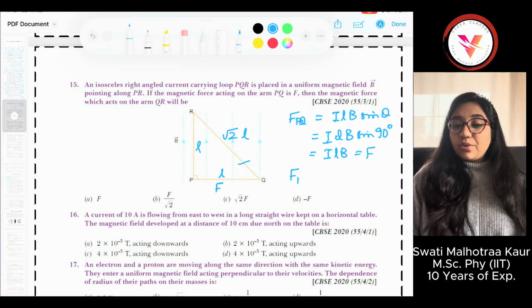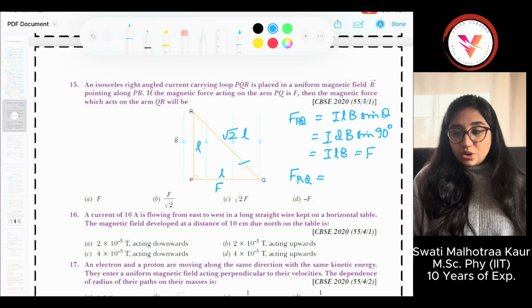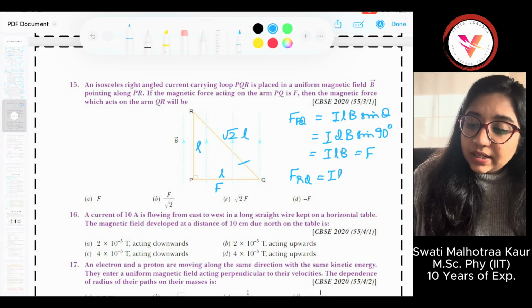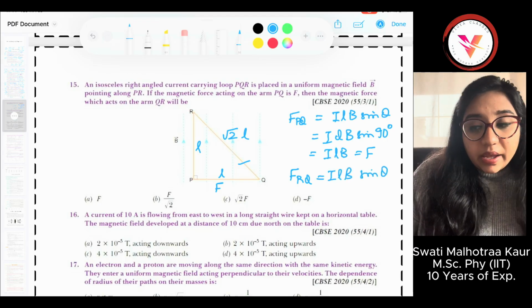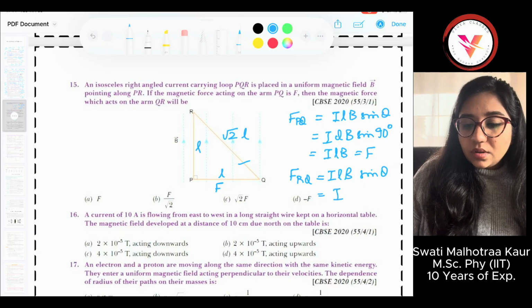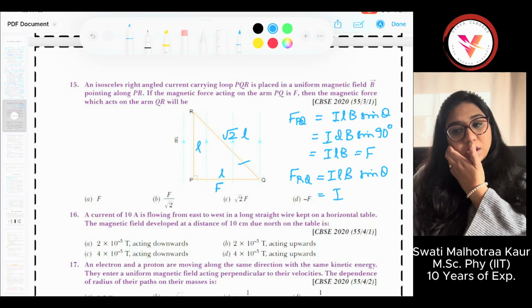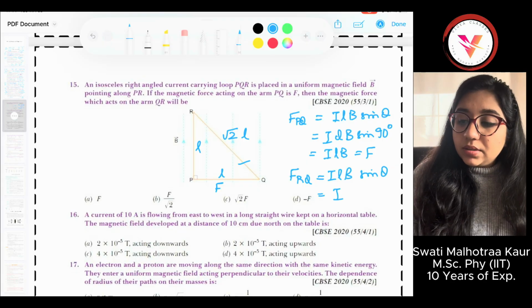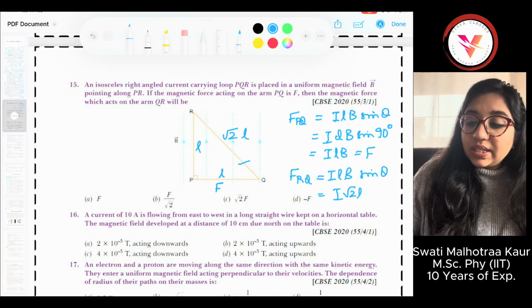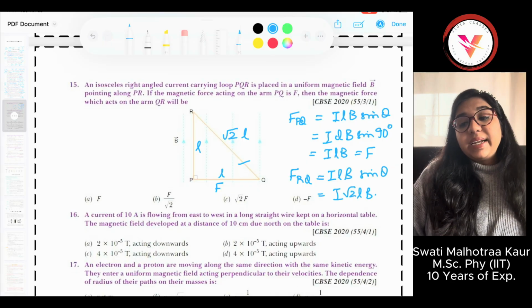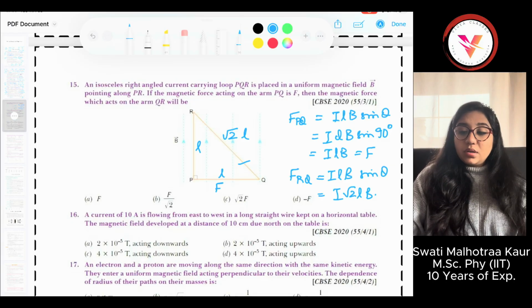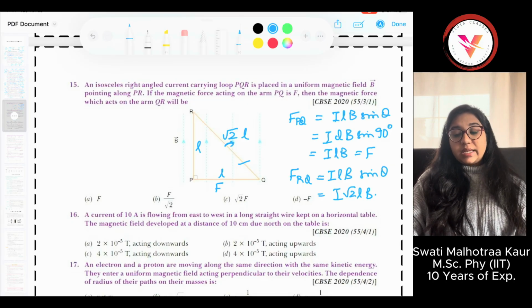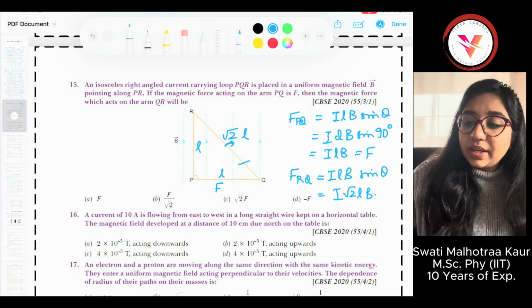Now, if we have to calculate the force along RQ, then it is again ILB sine theta. Here I is the same, and the length will become root 2 times L. The magnetic field is the same. And theta would be what? Here, if we take the opposite direction, it is minus 45 degrees.